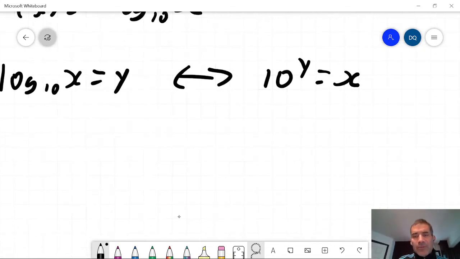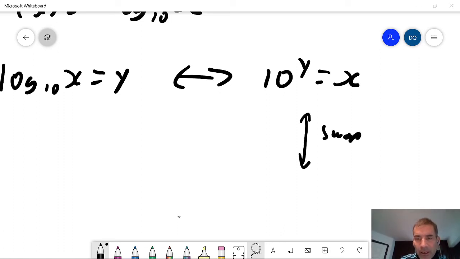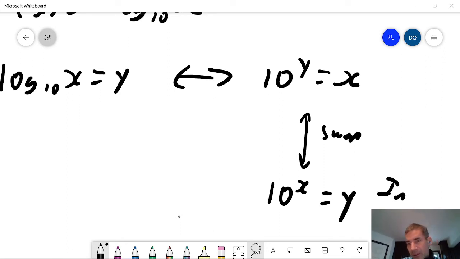Now, what do I get if I swap x and y? If I swap x and y, writing out 10 to the x is equal to y, I get the inverse. That's the very definition of an inverse function. You go into Lagrange notation and you swap the x and the y value. That is the inverse.